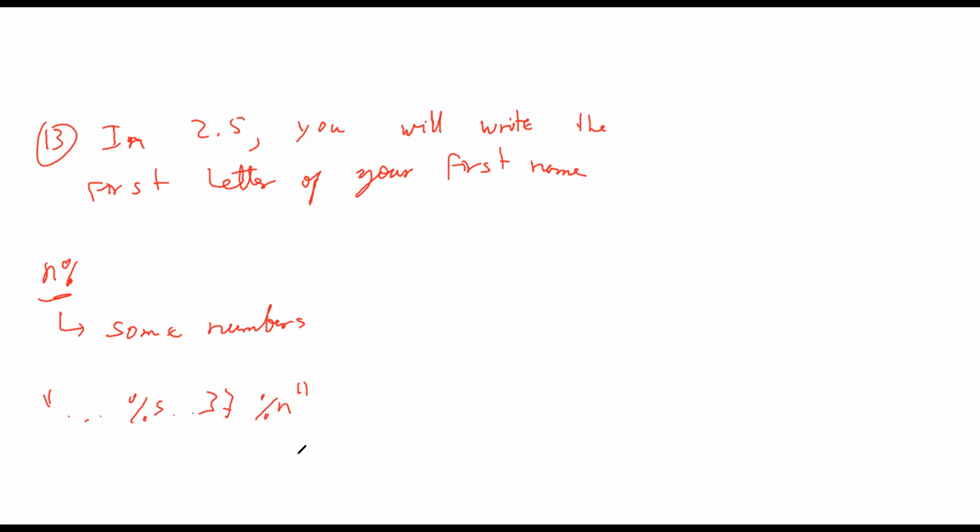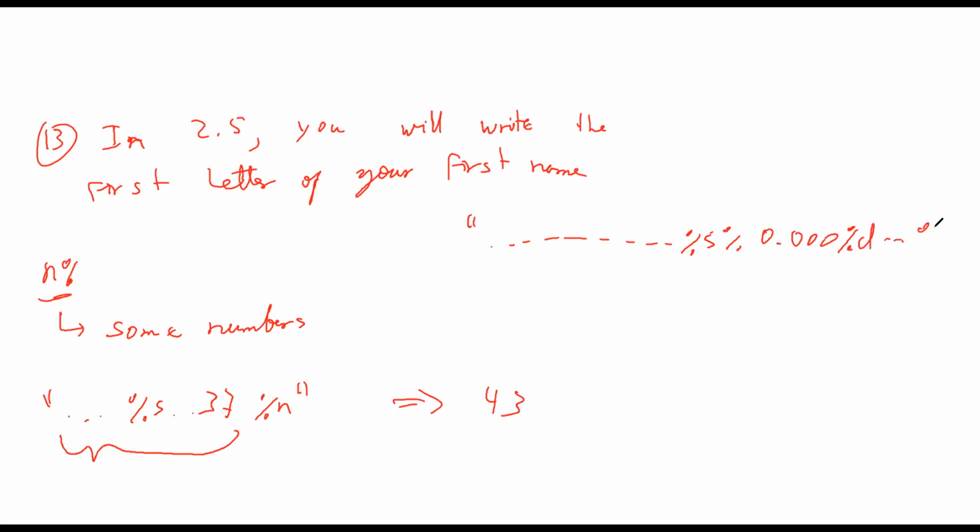Percentage n really counts all of that. How many of these have been printed? Let's say that gives you, I'm just going to make up a number, 43. Well, if you want that to be different, try another one. So, dot, dot, dot, more percentage s, maybe 0.000 percentage d, dot, dot, dot, percentage n.